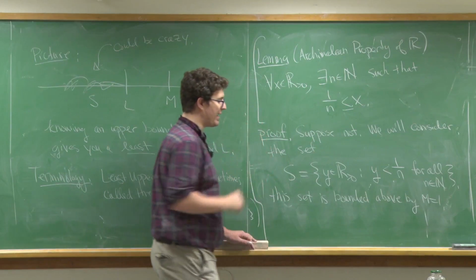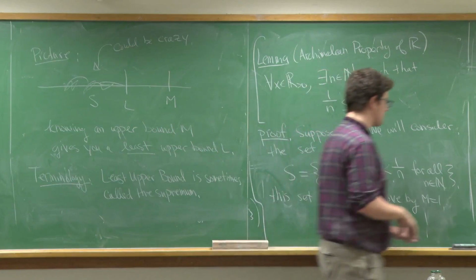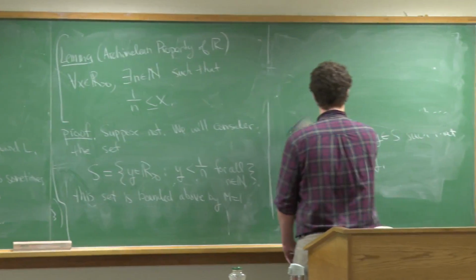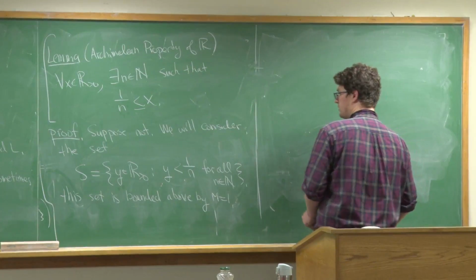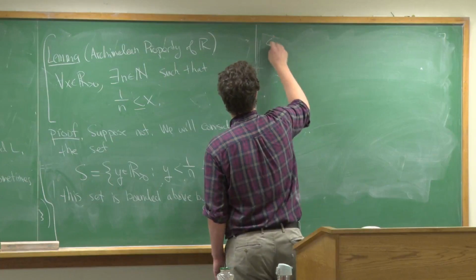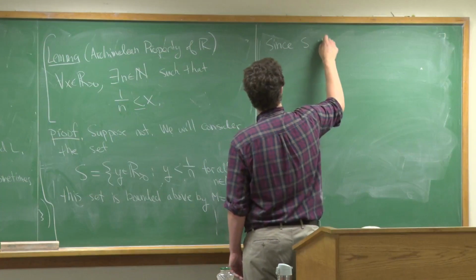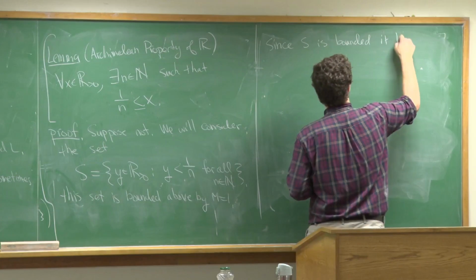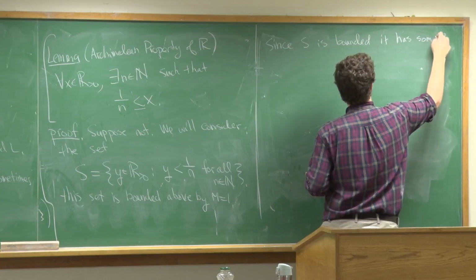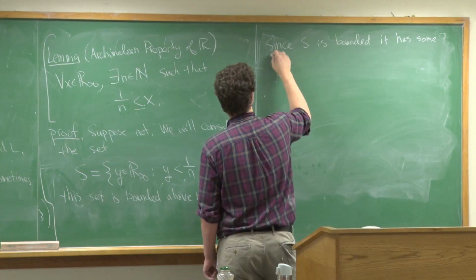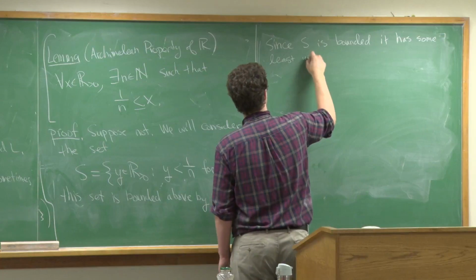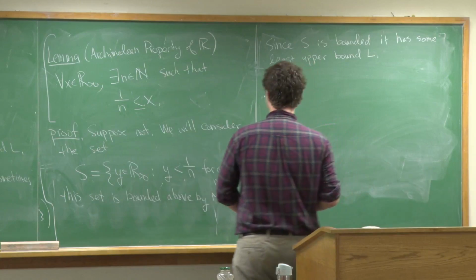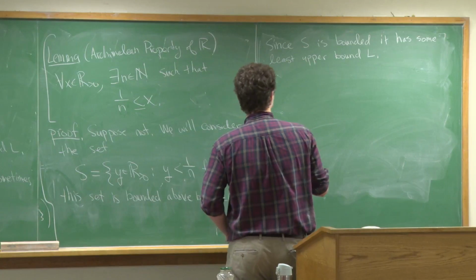So by the least upper bound property, it'll have a least upper bound. Since this set is bounded, it has some least upper bound L. Okay.